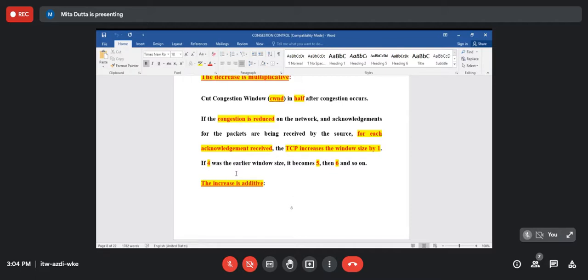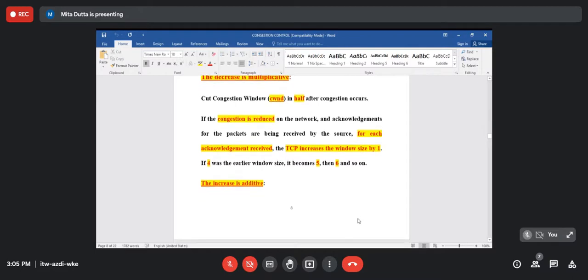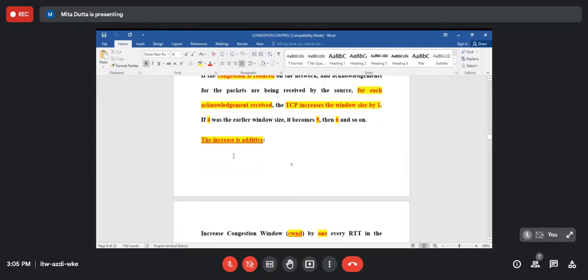So error control, congestion control, and flow control, all of these situations have been taken care of by the transport layer of the TCP/IP protocol architecture. In that case, TCP increases its window size by 1. If it is 8, it will be 9, then 10, then 11, then 12, and so on. The increase is additive.